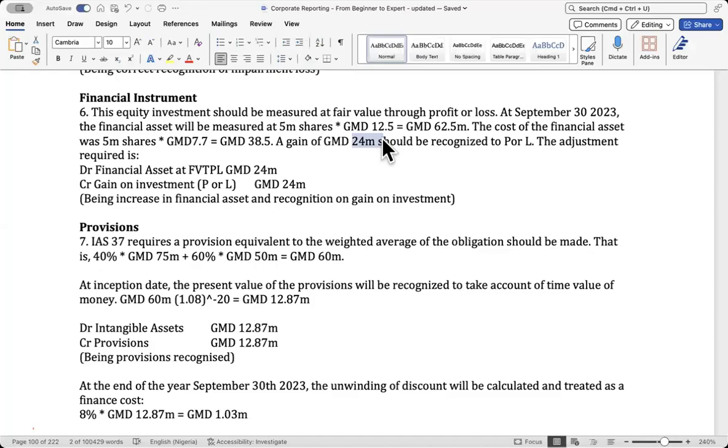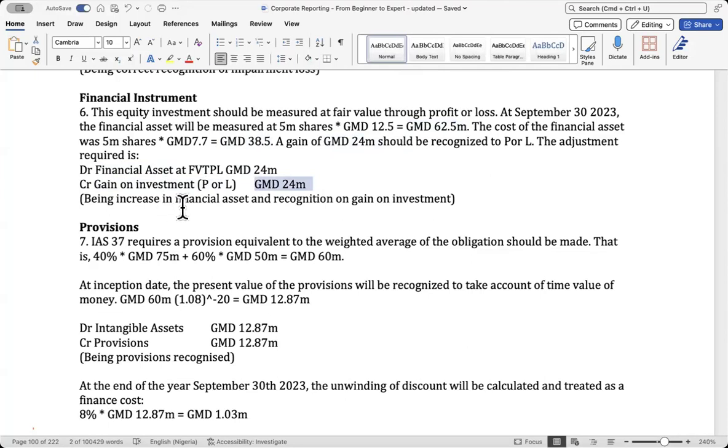Since they recorded it in their books at 38.5, we need to increase it to the new fair value with this gain so that we take it back to 62.5 as it should be. So I debited the financial assets with 24, then I credited the gain to P&L 24.